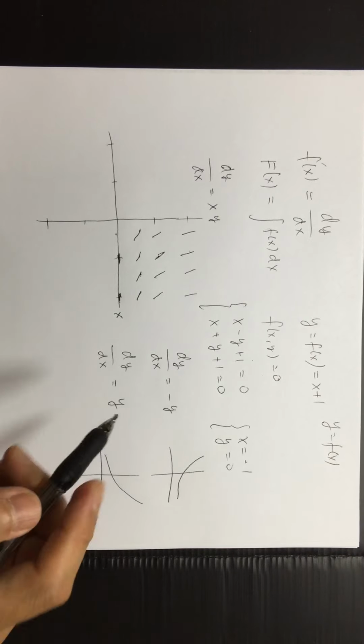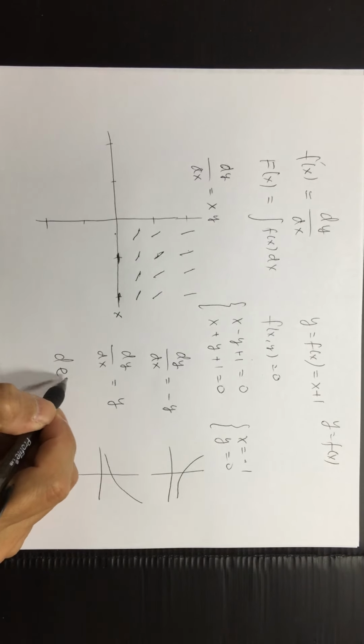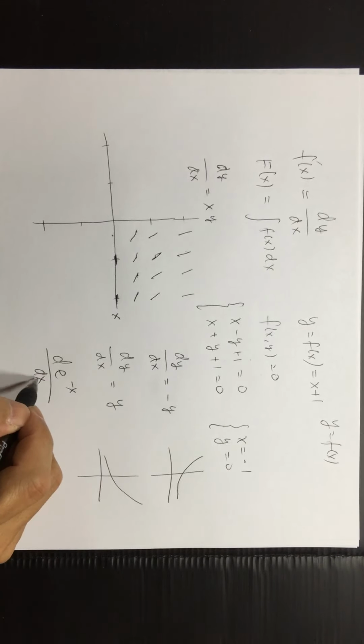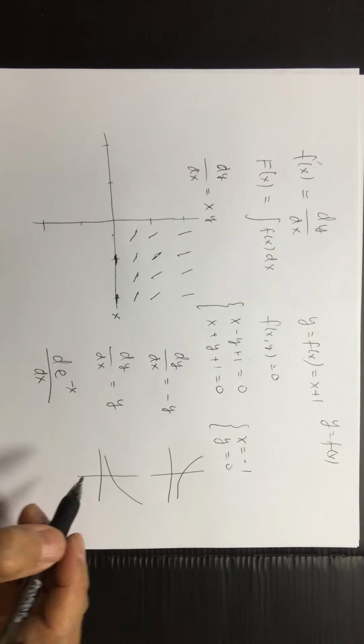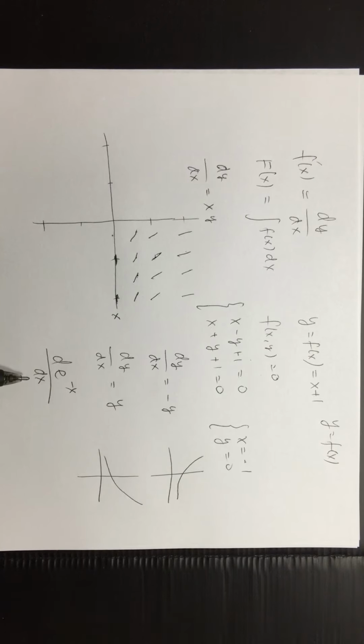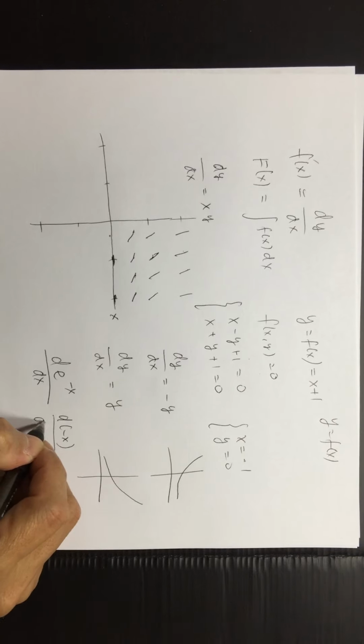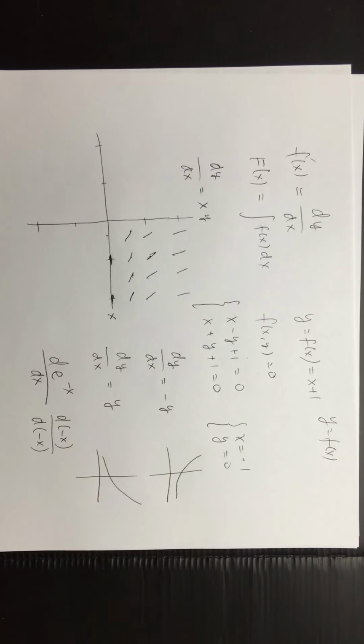Okay, here's the thing. When there's a constant multiplied to it and you don't know how to do it, you do a d of minus x. Then that'll come to this. But on the other side, you need to do one of these, right? You do this d of minus x, and then you do d minus x dx.